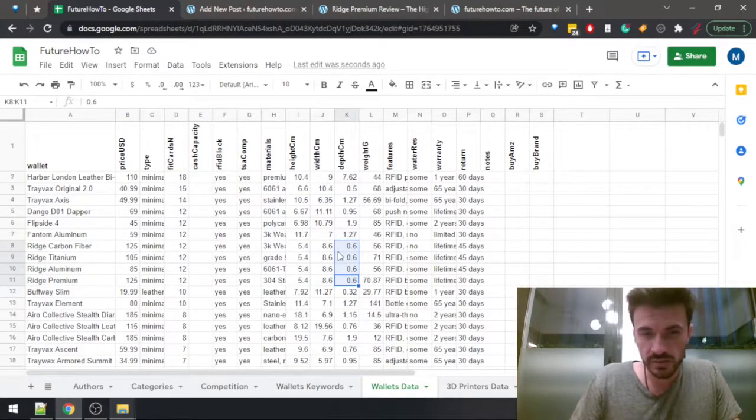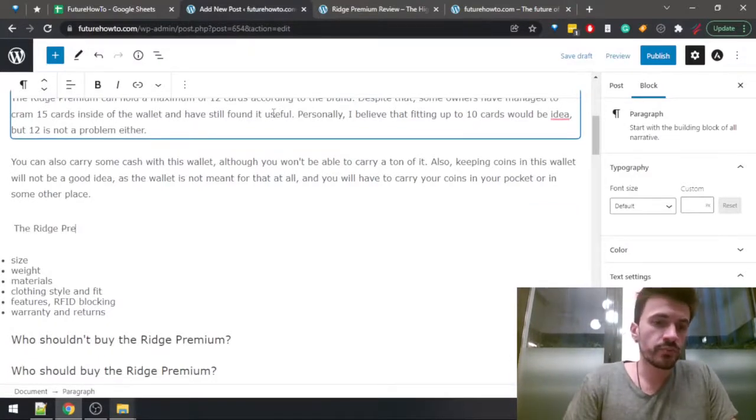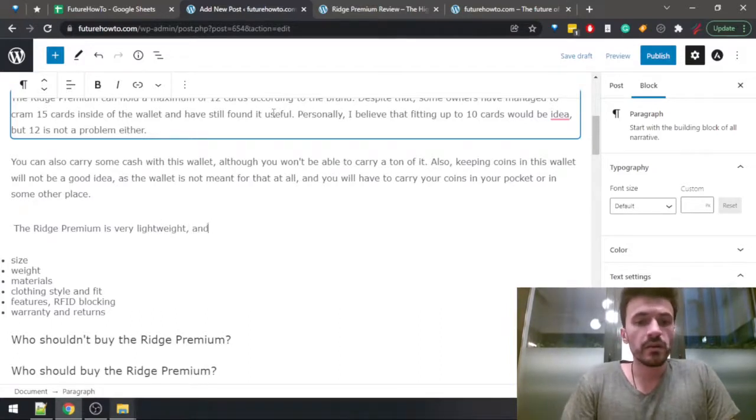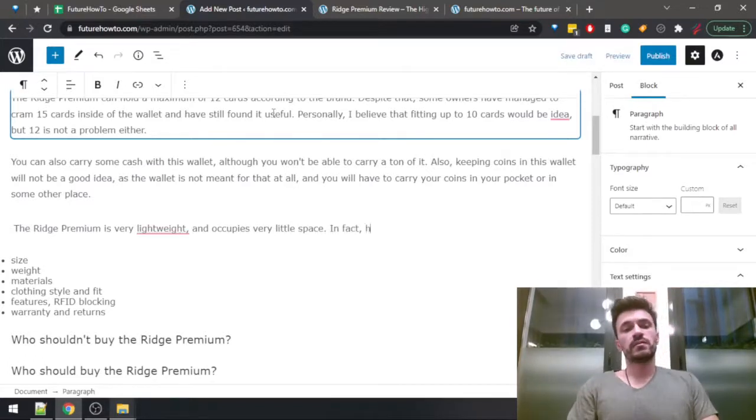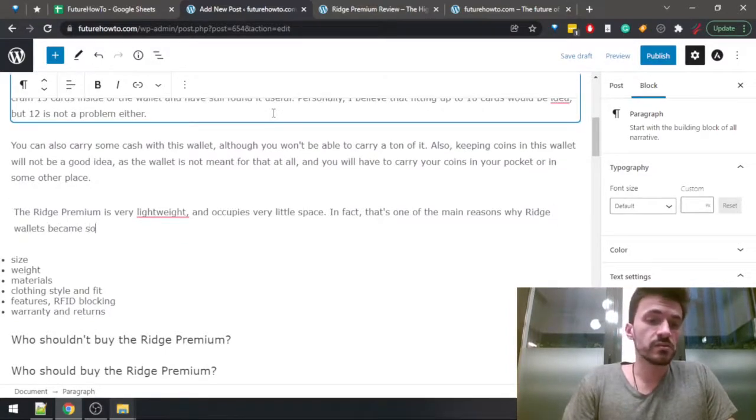I'm just gonna say the Ridge Premium is very lightweight and occupies very little space. In fact, that's one of the main reasons why Ridge wallets became so popular.